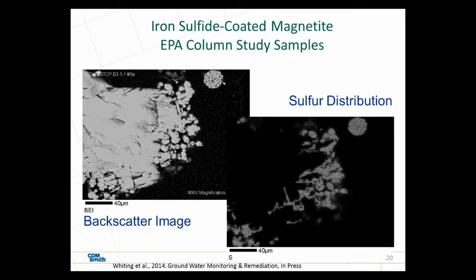Now, it's not just these framboids that are formed. We also see that there are coatings on iron minerals. This is a mineral of magnetite from the EPA column study, and we find this has been coated with sulfur into these nooks and crannies in the magnetite particle. And so these are iron sulfides as well, and they have potential reactivity as well.